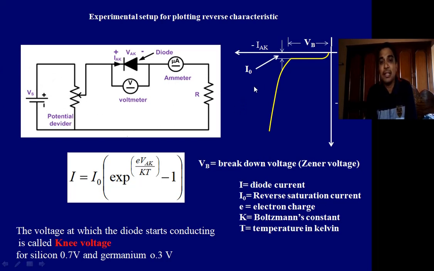What happens, the voltage across the diode keeps on increasing, but a very small current conducts. What is that current? Because of the minority charge carriers, we get a very small current, which you call the reverse saturation current, I naught. It is in very small microamperes.